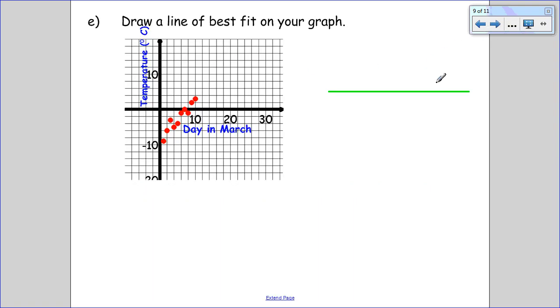So if I try and pick up my line of best fit here, which is not going to work for me because I lost the screen I was using. Okay, can I grab a hold of it?